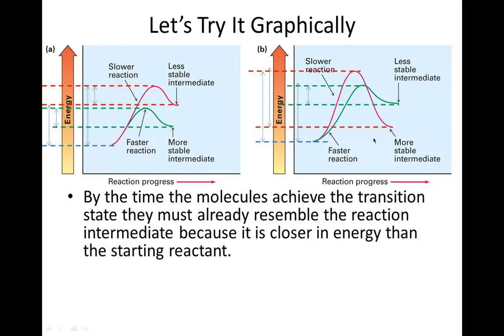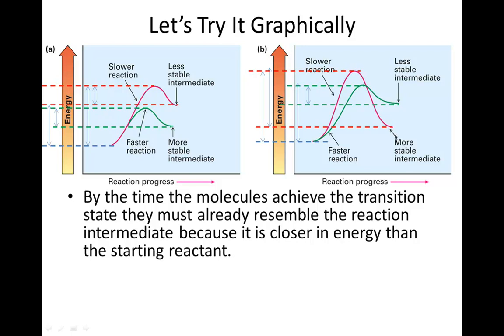Here's some more examples. Suppose that you have a case where you have a reaction that goes through a less stable intermediate. This transition state looks a lot like that, okay? So this transition state is going to look more like this.